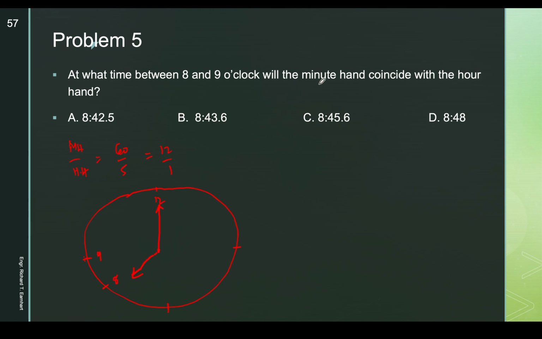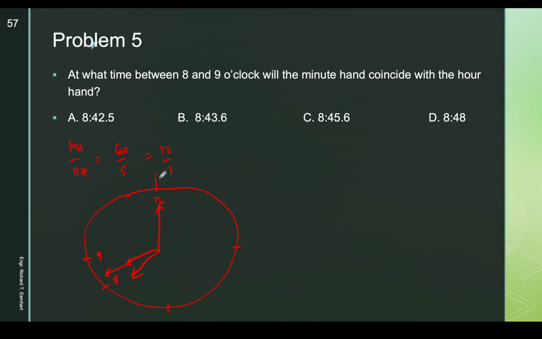Now, the minute hand coincides with the hour hand. It happens only once between 8 and 9. Suppose this is the position where the hour hand coincides with the minute hand.